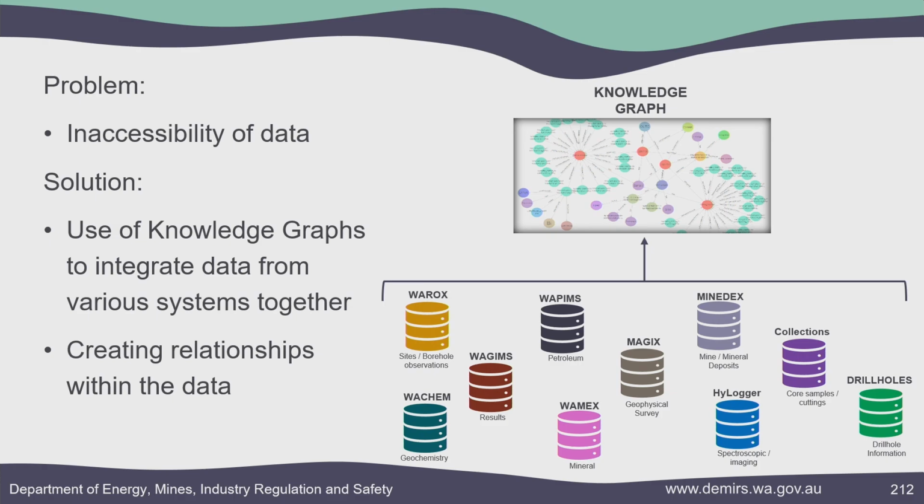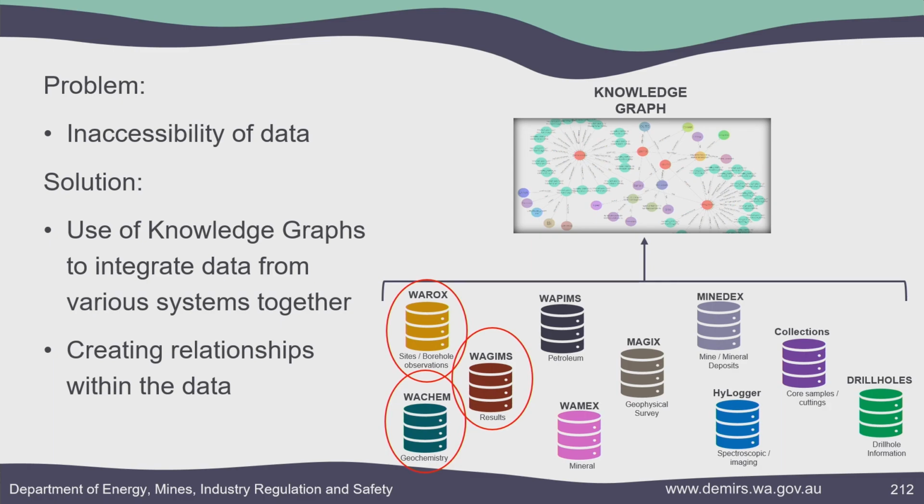The challenge we're trying to solve using knowledge graphs is to bring all that data together and have associations between the different data sets and databases, so when we do a search, we bring back the entities stored in different databases. There are three applications I want to touch on for the example: Worix, WAChem, and WAGMS.